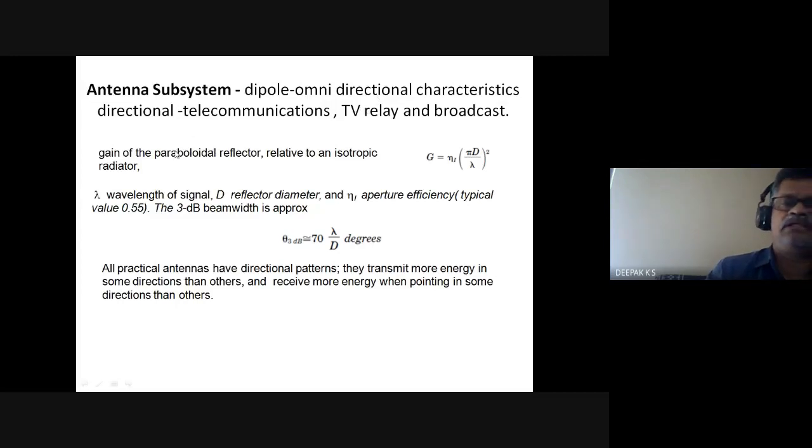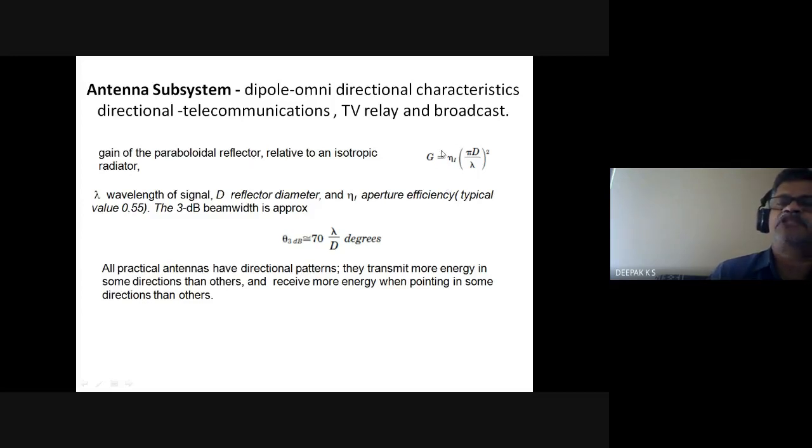Now, the normally used antenna is a paraboloid reflector. Here the gain of this paraboloid reflector is measured with respect to the isotropic radiator. It is a gain in some direction: an isotropic radiator has the same power all around, whereas the paraboloid gives gain in some direction.